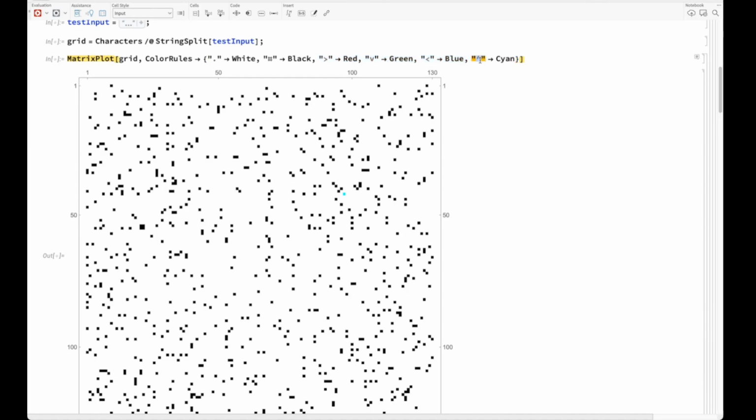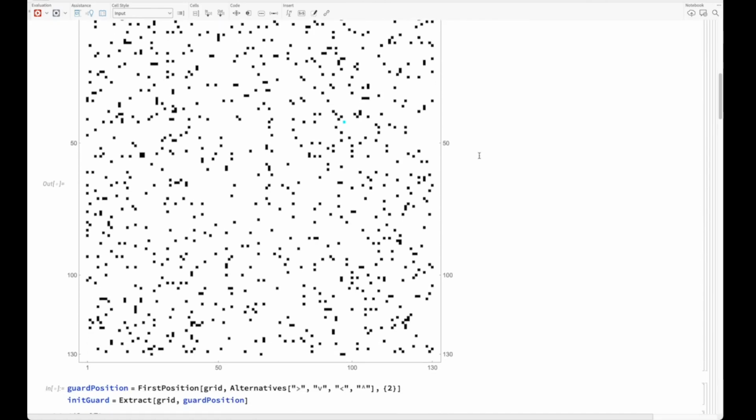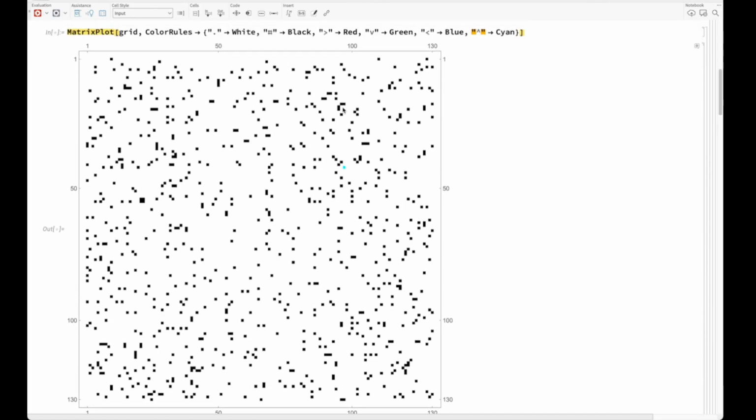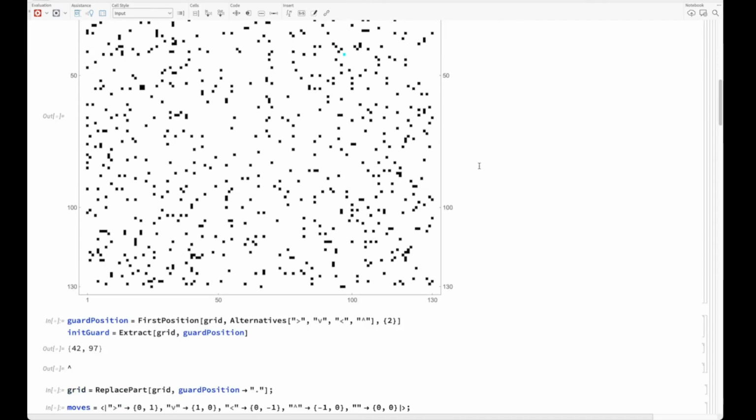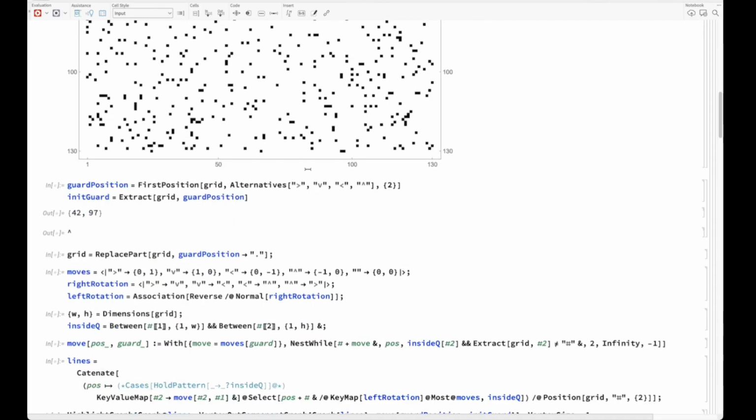The cyan color corresponds to the up direction, towards the top of the screen. So the guard starts walking up the screen. As soon as he encounters a barrier, a wall, he turns right until he encounters another wall, turns right, and so on. So he's turning clockwise whenever he encounters a barrier.